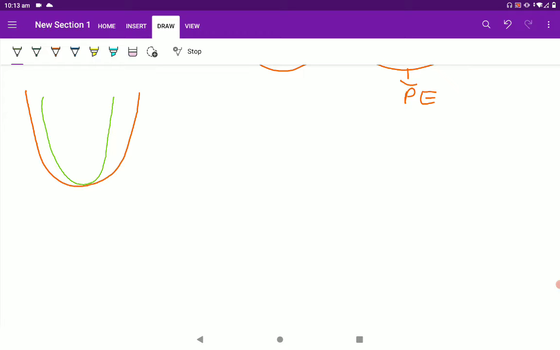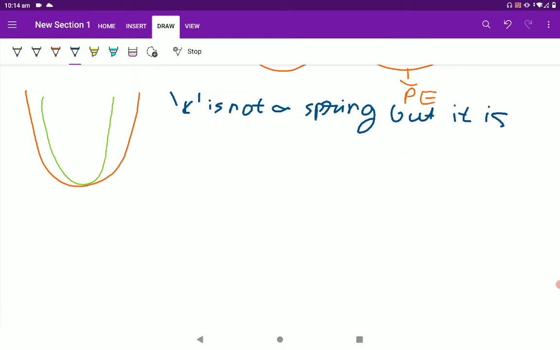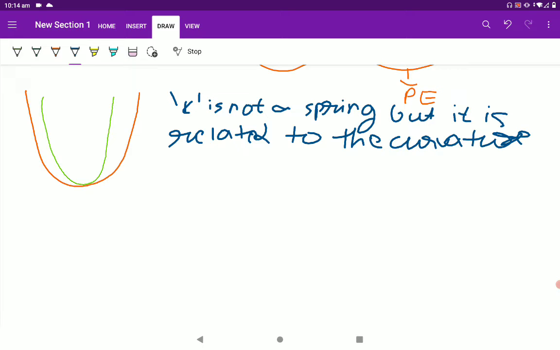So k is not actually a spring, but it is related to the curvature of this potential. So we assume that vibration is small. Of course, an atom in a crystal is a 3D oscillator.